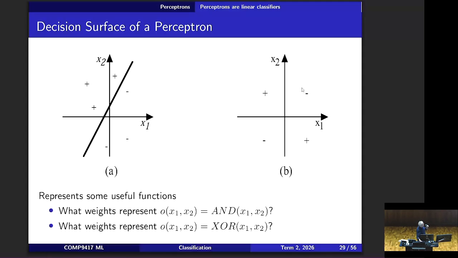So the solution is what all modern neural networks do, which is to have multiple perceptrons and put them together. You have to be a bit careful with what the connection weights are, but essentially you can solve the problem like that. Surprisingly, it took quite a long time to get to that point.